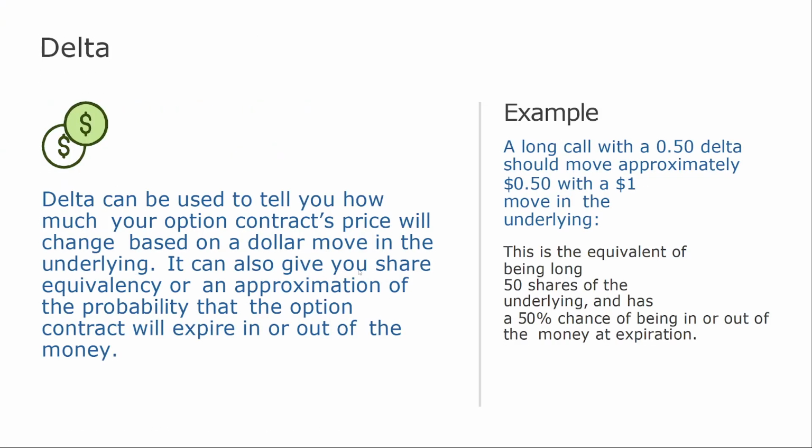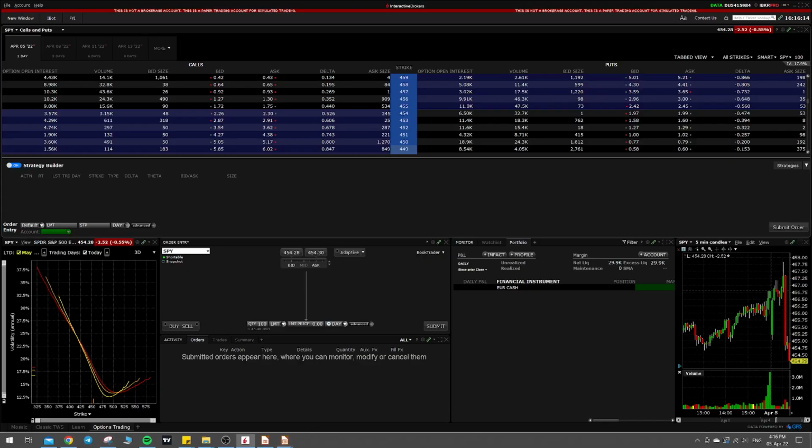So as I said, delta, for example on a long call, because the main value is actually in the price of the credit. Let's say we have a 0.5 delta. At the same time, it means that for each $1 move, where for example here you can see that the option right now costs $5.